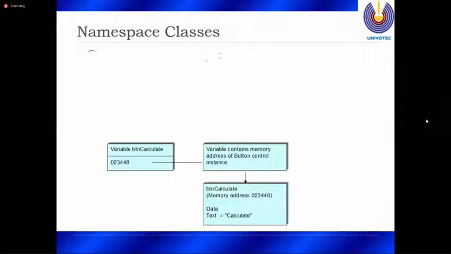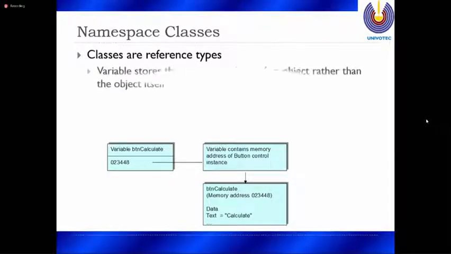Namespace classes: the classes are reference types. A class is a reference type. It has a variable and an address also. The variable stores the memory address of the object rather than the object itself. Here the variable btnCalculate is a button. It has some value as the location.